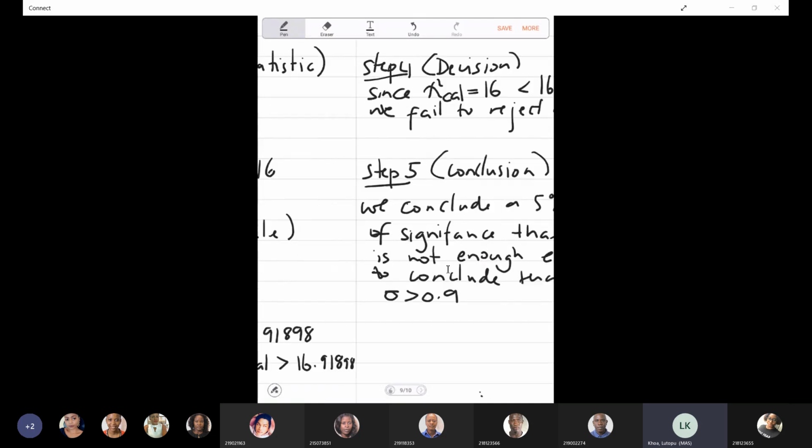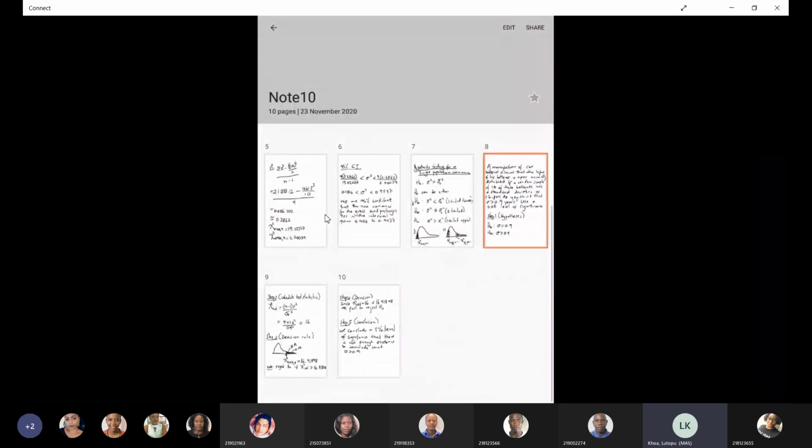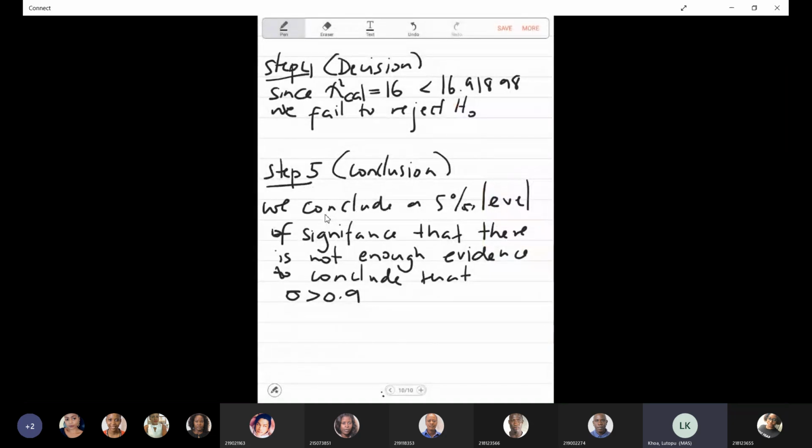Okay, so we'll go back to the question. That is what we're asked, whether sigma is greater than 0.9, and then our answer should be in line with that.